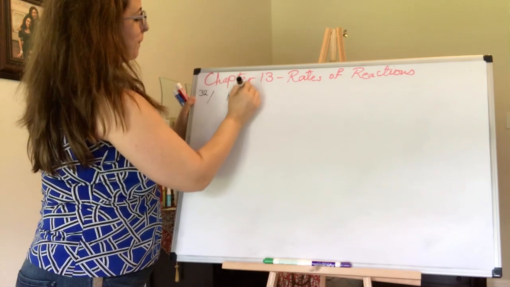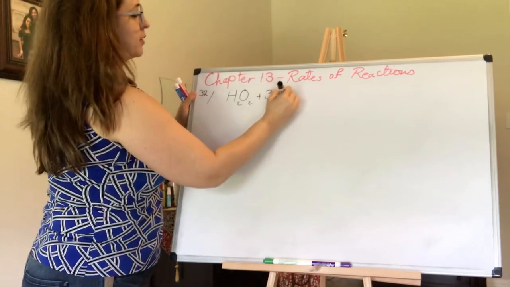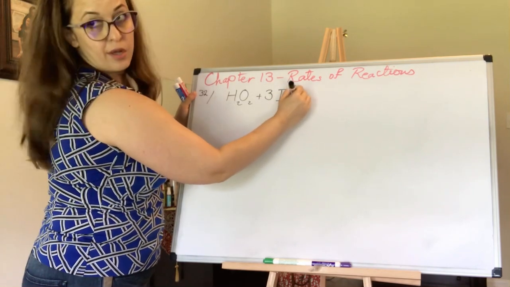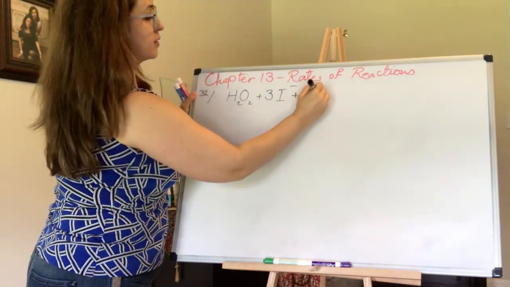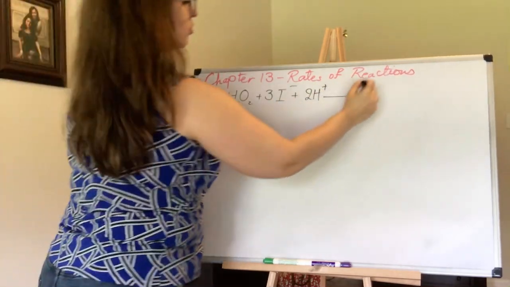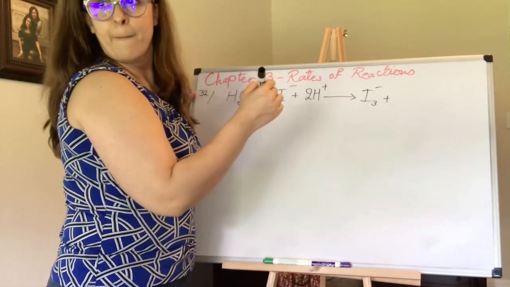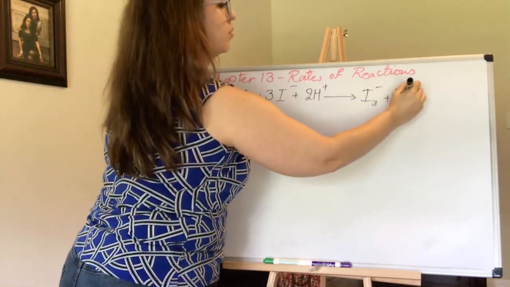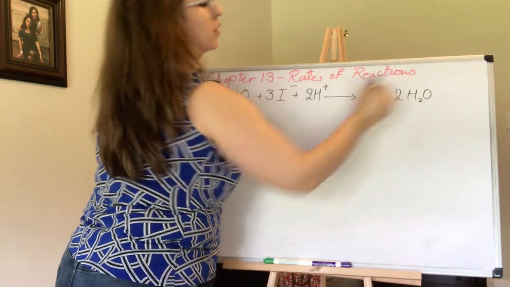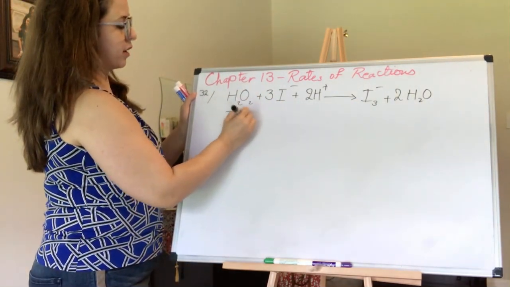H2O2 is added to iodide in the presence of acidic solution, some hydrogen ion. It will give you triiodide plus 2 water molecules.